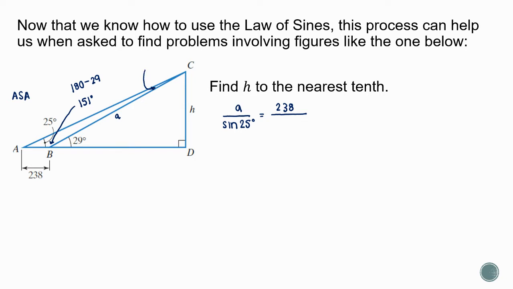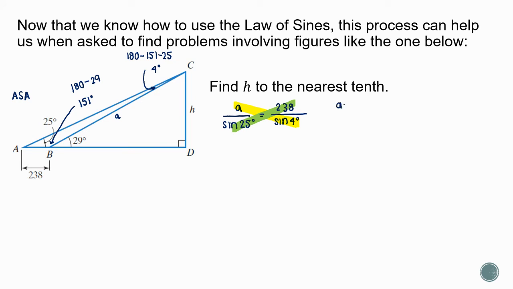But now that we know that angle A is 25 and angle B is 151, once again, three angles of a triangle add to 180. So if we subtract 151 and 25 away, we have a 4-degree angle. So that would be over the sine of 4 degrees. Then we can find the length of a by doing our cross multiplication.